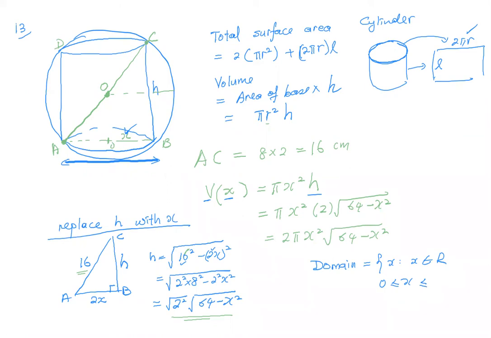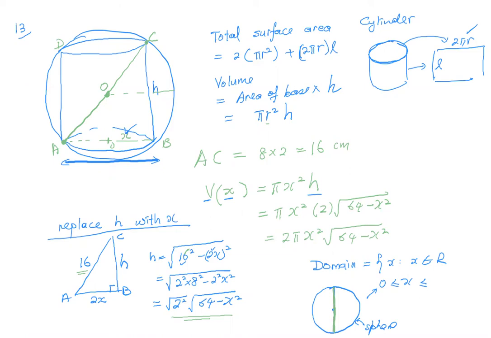Okay, let me illustrate for you. When I say x equal to 0, this is a sphere. So x equal to 0, that means the cylinder is like that. So actually there is no cylinder.